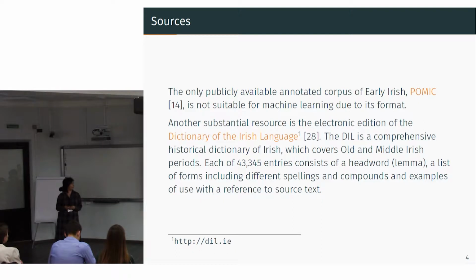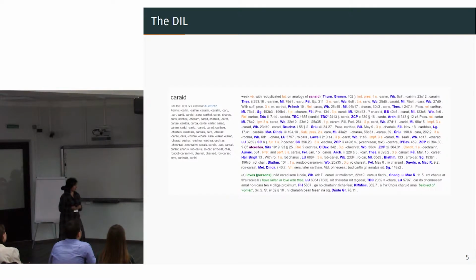The second source of data is the Dictionary of the Irish Language, or the DIL. It's a very comprehensive dictionary consisting of more than 4,000 entries. The entry looks like that. We have the headword, the lemma, and a list of forms, so we can use it as a source of data for lemmatization, right?